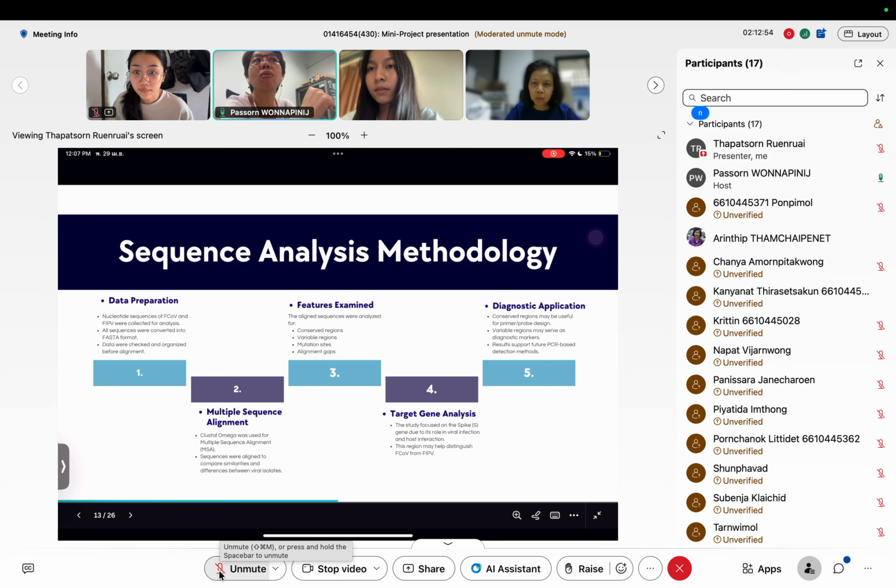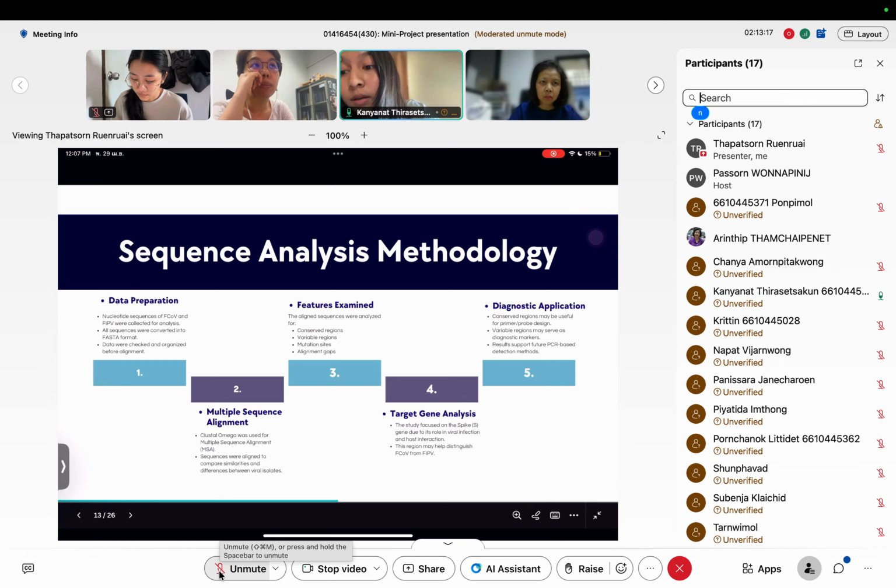Okay, so how do you do primer design? How did you do the primer design? So what was the input for your primer design? Use primer tree based on conserved regions in spike gene.